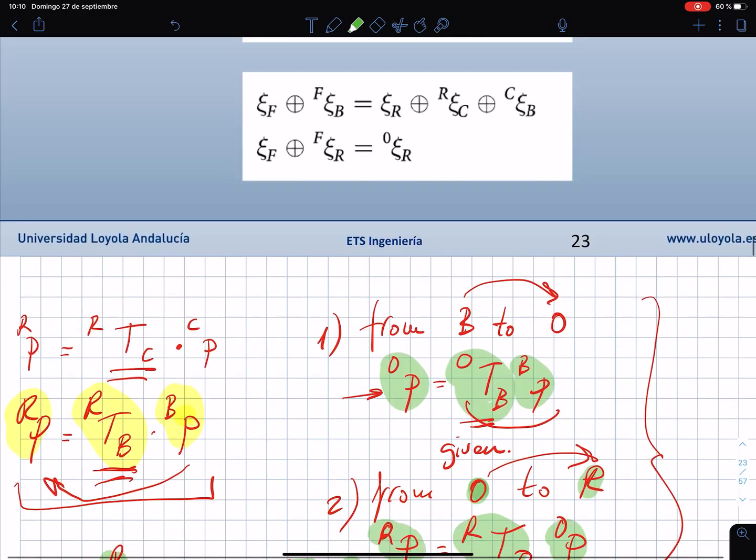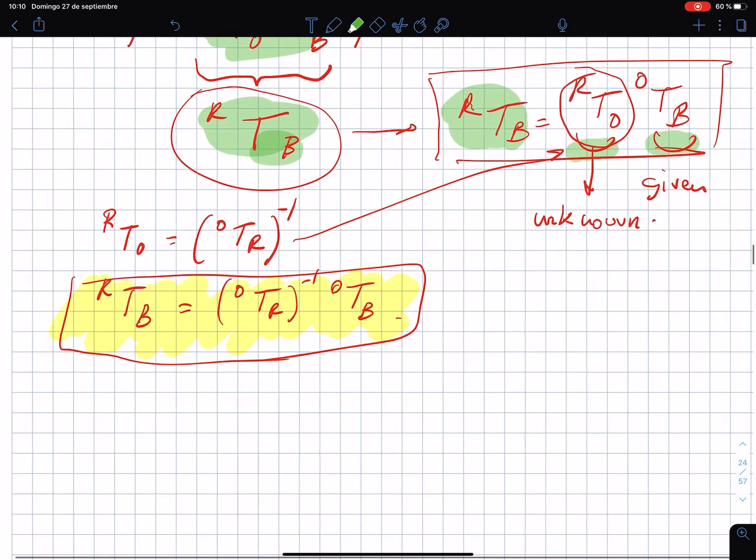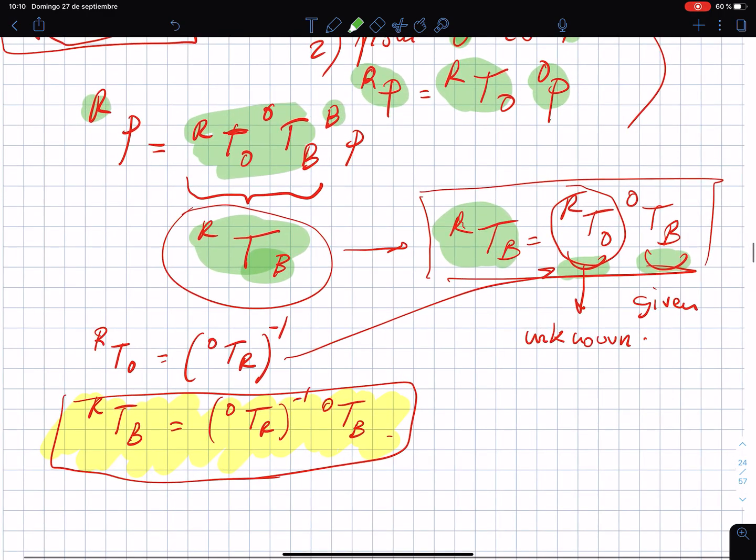So how do we obtain RT0, which is the missing matrix? But this is trivial. Whenever we have a matrix that transforms from 0 to R, the inverse RT0 is 0TR to the minus 1, or the inverse of 0TR. I have to make a small comment.